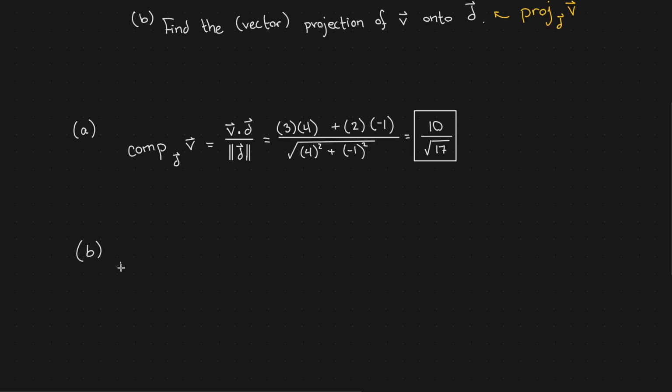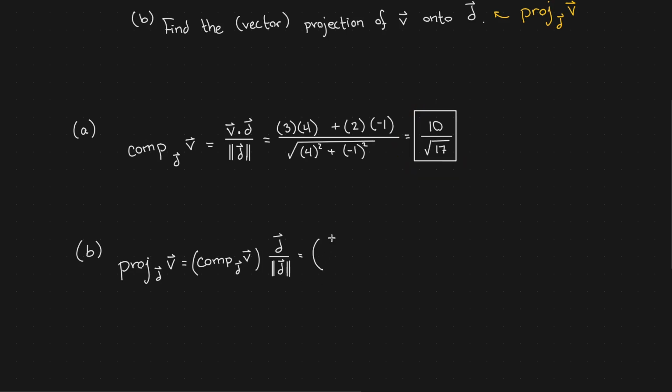For part B, we need the projection. We have lots of different formulas, but since we've already done the work for part A, we can calculate the component of vector v onto vector d times the unit vector pointing in the direction of vector d. So let's plug in. The component of v onto d, we just calculated that.